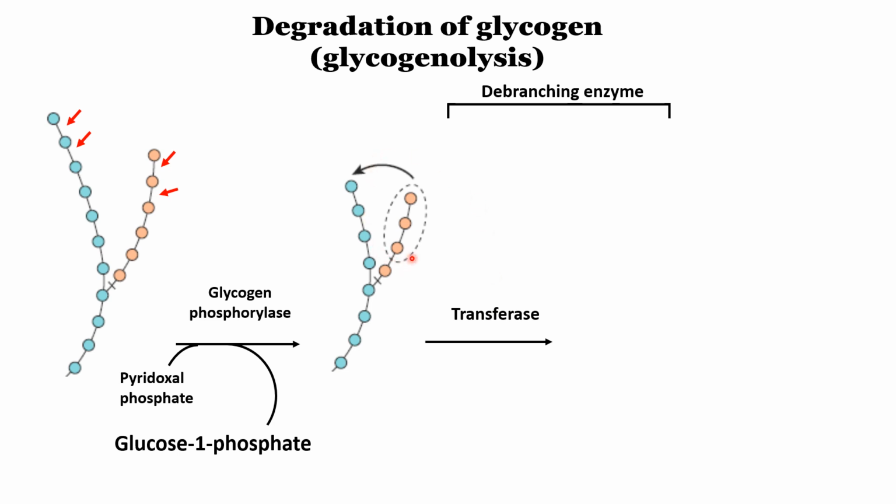This catalyzes the transfer of 3 glucoside units from one of the branches to the other branch, clearing them from there and exposing only 1 glucoside unit, and that's the one attached by 1 alpha-1,6 glycosidic linkage. إذن ال debranching enzyme هو عبارة عن polypeptide يتكون من 2 catalytic points.